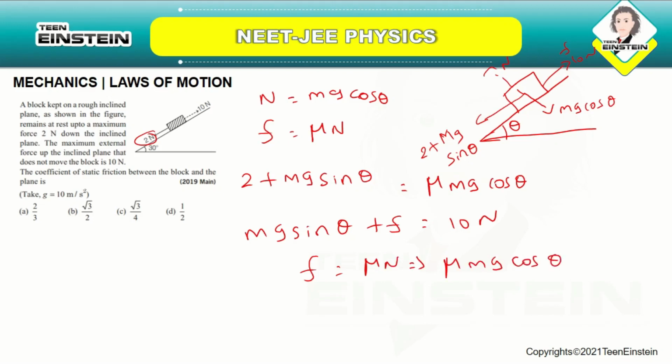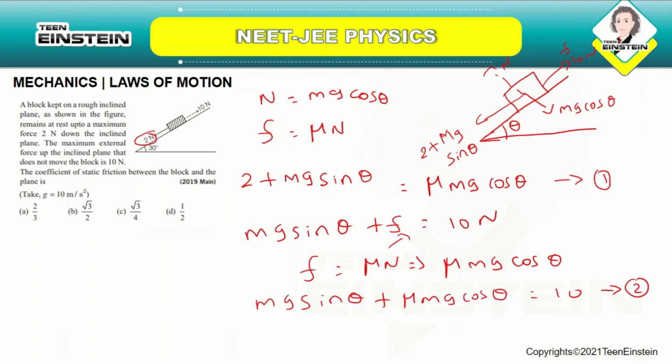If you solve this, you will get 2 plus mg sin theta plus mu mg cos theta is equal to 10. This is equation number 2, and you will have the other one as equation number 1.